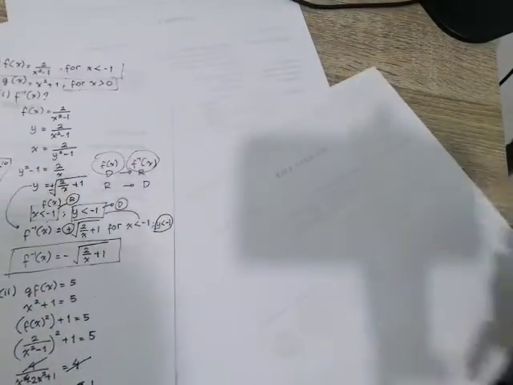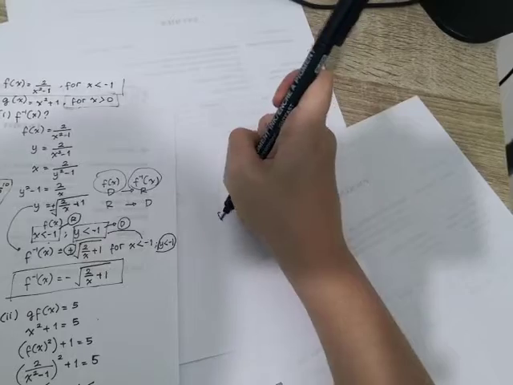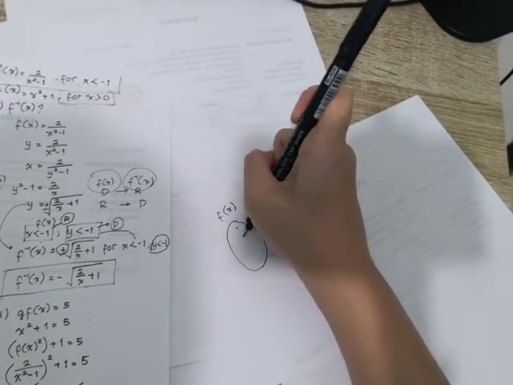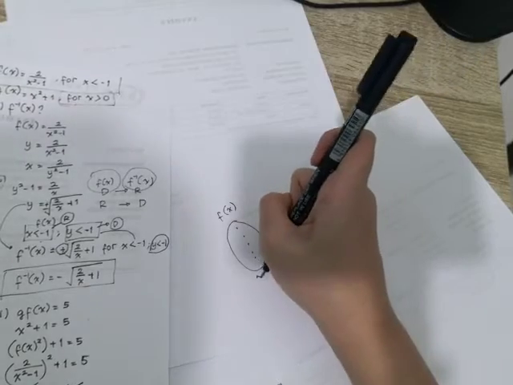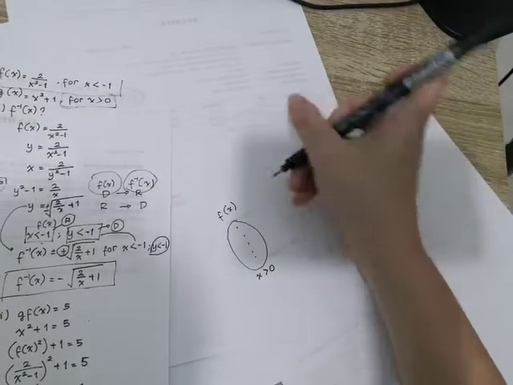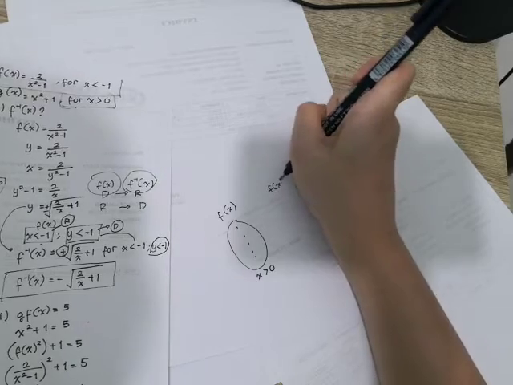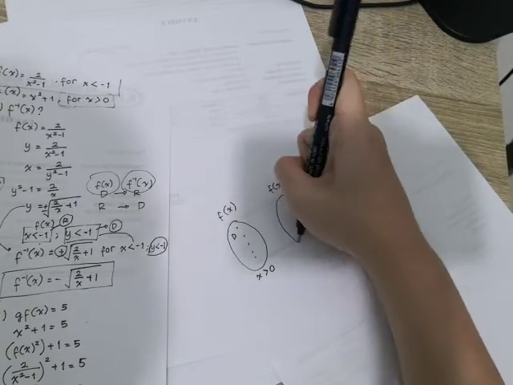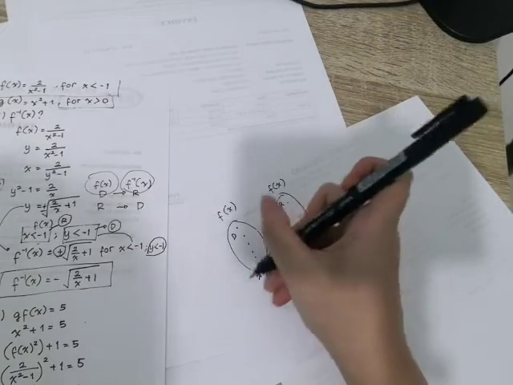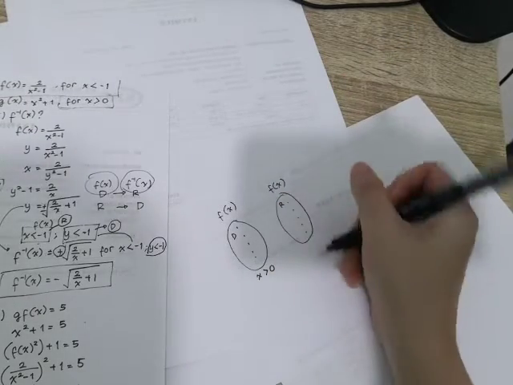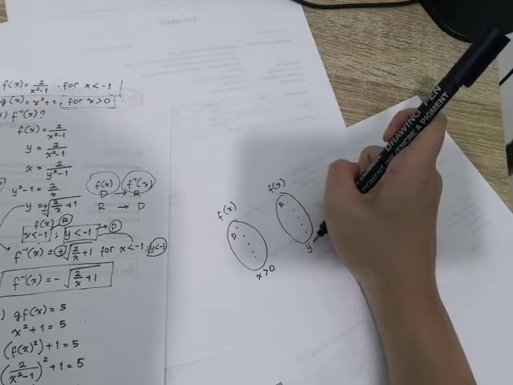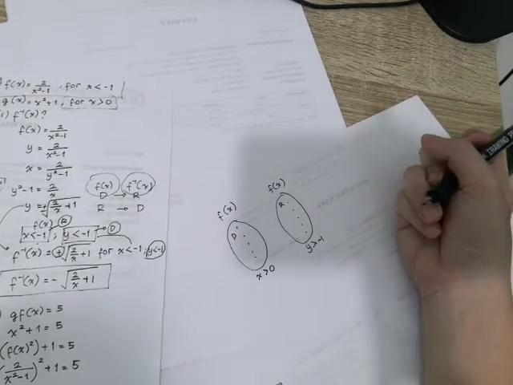Here's the thing, so that you are not confused. f(x) has a domain, right? For example, the domain of f(x) is more than 0. This is the domain, and this is the range, which is the result. So domain is x, and the range is y, the result. Let's say this is bigger than minus 1.